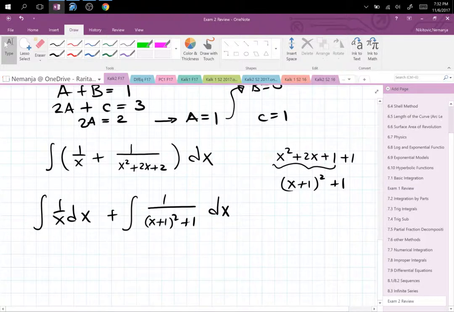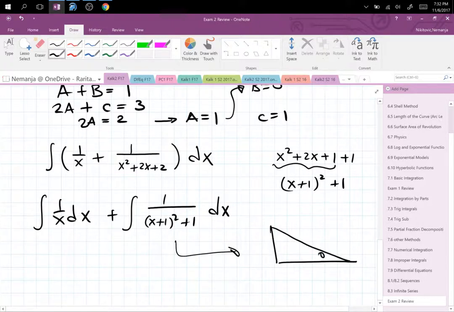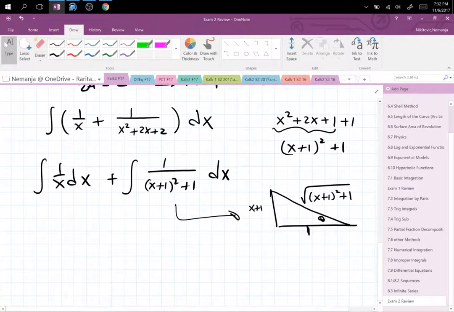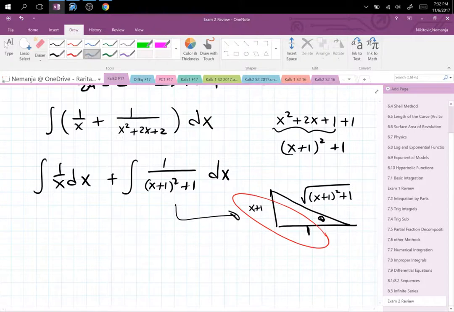And now we need the trig sub. It's actually good that we are reviewing trig at the same time. So these are legs: x plus 1 goes here and 1 goes here. And over here I have the square root of x plus 1 squared plus 1. I circle towards the number.